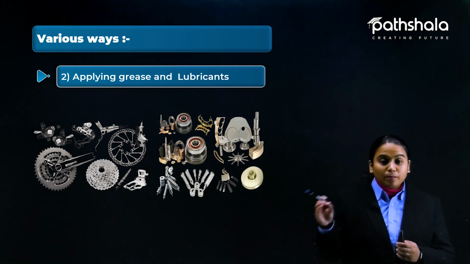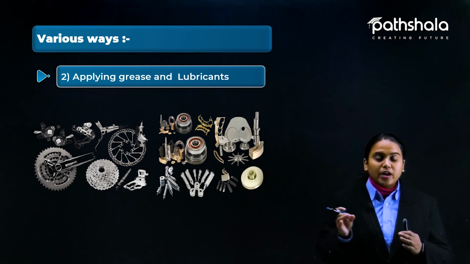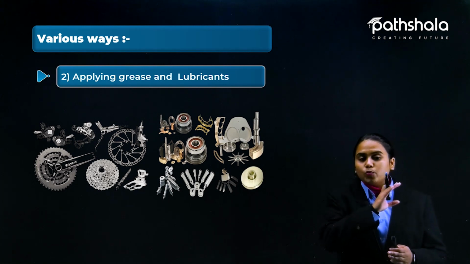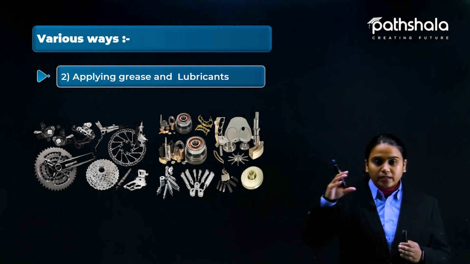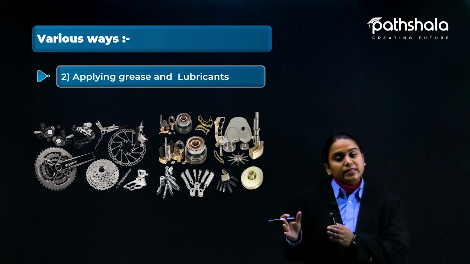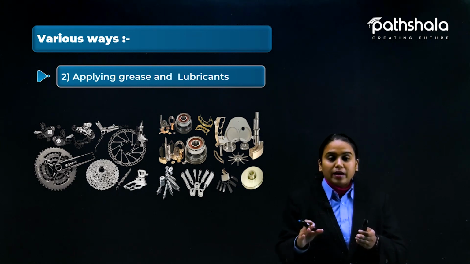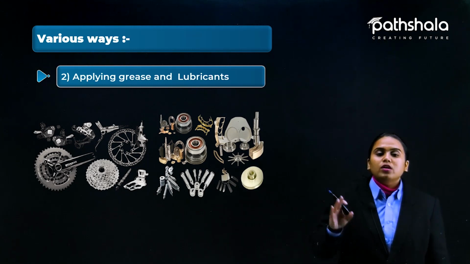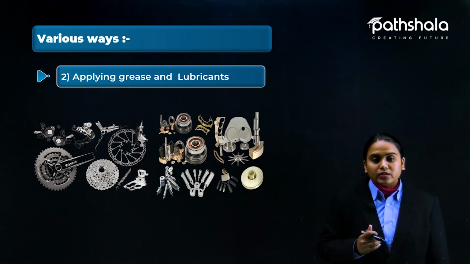So all these previous and old machinery parts can be renewed by rubbing them with grease, so that there is less friction and any kind of rusting is avoided. Greasing a machinery part avoids rusting, and if it is already rusted, the rust can be removed if we apply grease over it. So grease and lubricants work very well, and we can reduce friction by using them.